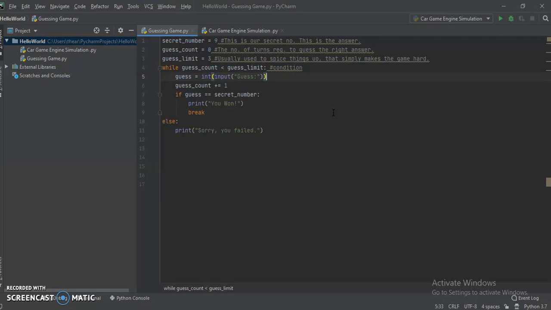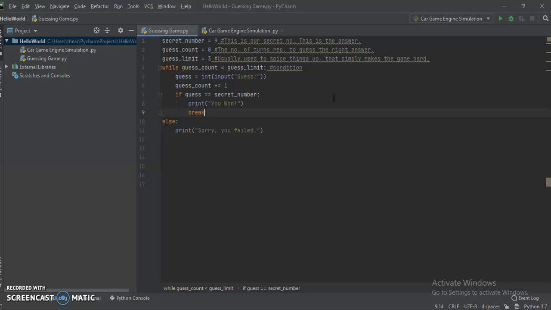But you need to put break here, because this is a while loop, and even if you guess the correct number the first time, if you do not put the break, then it would tell you to guess again and again, okay?